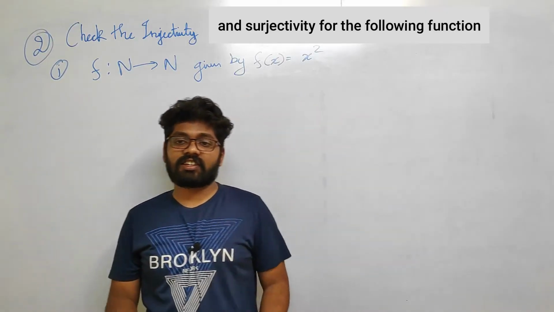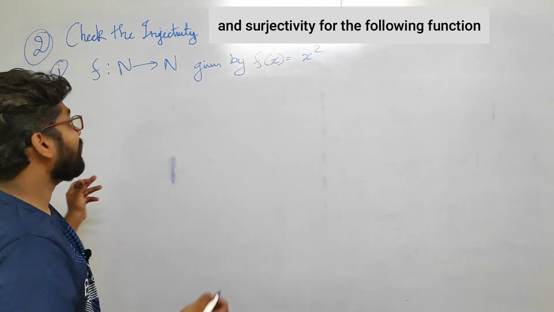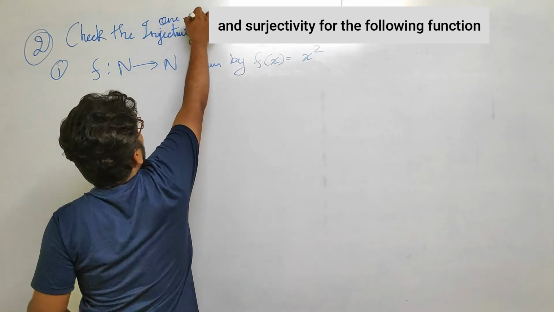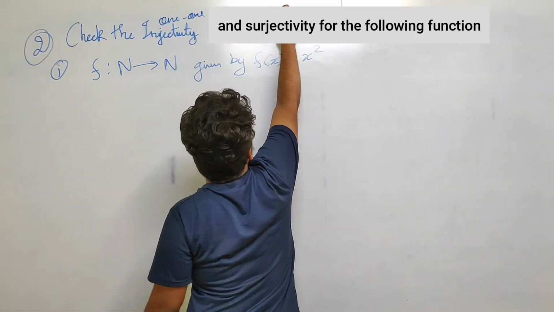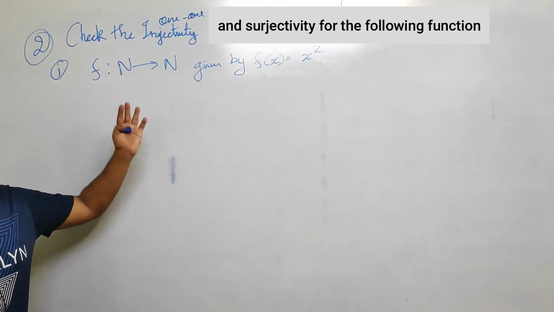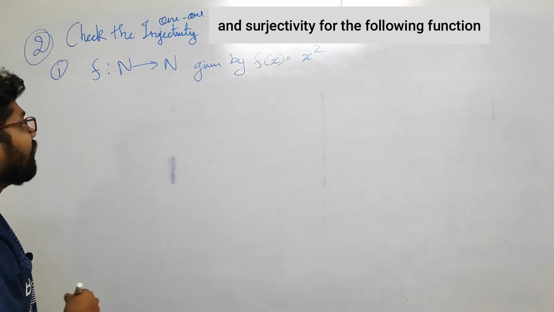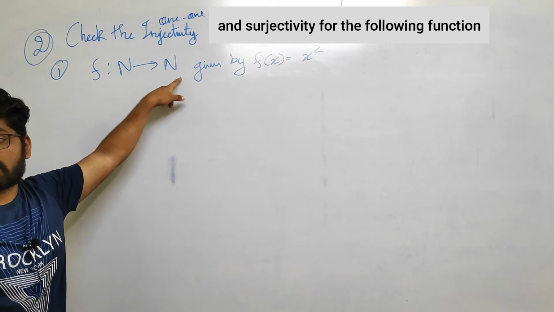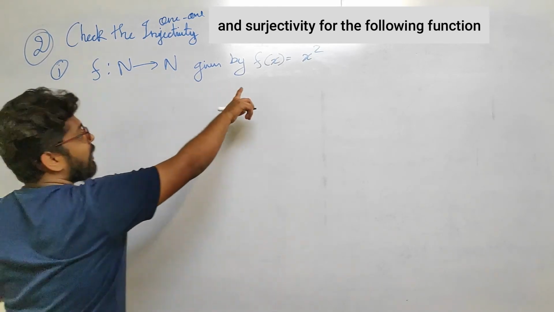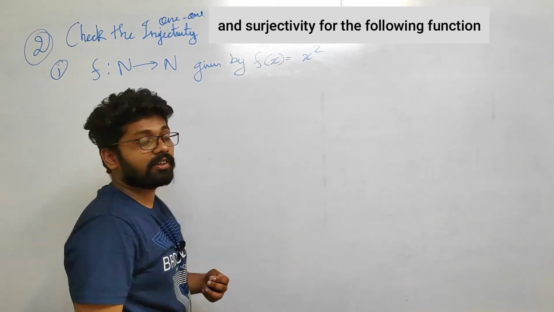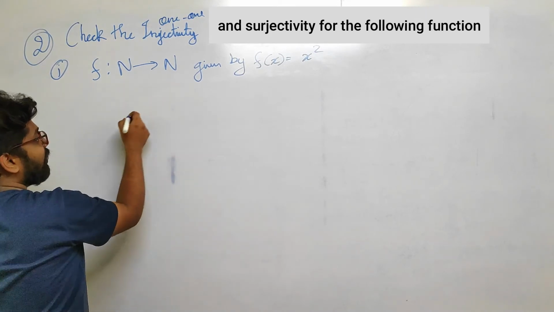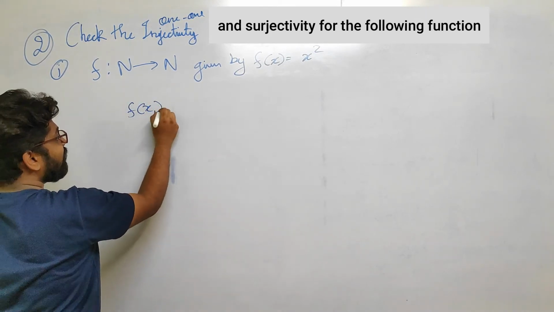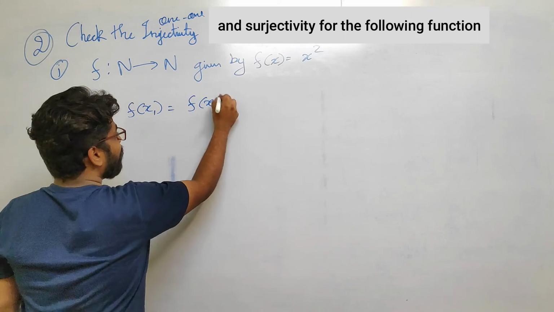Check injectivity and surjectivity. It is very simple. Injectivity म्हणजे 1 1 and surjectivity म्हणजे onto. So these are the different names only, 1 1 and onto just. But now we are going to study function is defined from natural numbers to a natural number, correct? So n to n given by f of x is equals to x square. So natural number to natural number, so f of x1 is equals to f of x2 म्हणून मानून घेऊया.